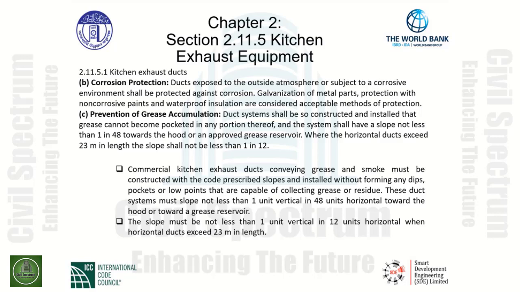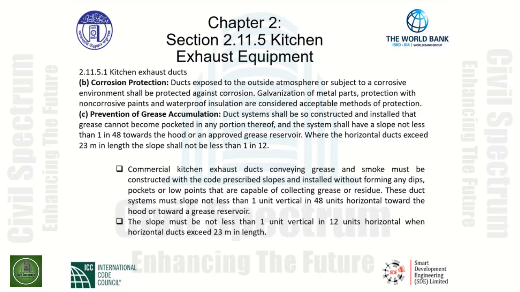As we move to item C for kitchen exhaust ducts, this section covers requirements regarding prevention of grease accumulation within ducts. Duct systems shall be so constructed and installed that grease cannot become pocketed in any portion thereof, and the system shall have a slope of not less than 1/48 towards the hood or an approved grease reservoir.